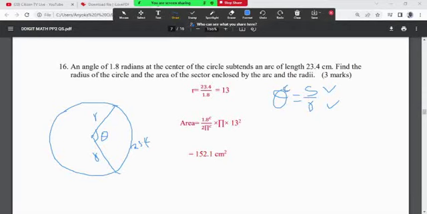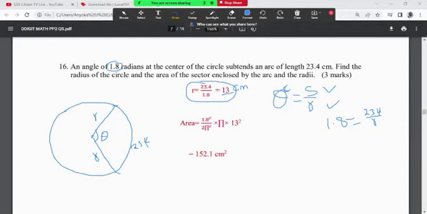Now we have angle in radians which is 1.8. So we'll say 1.8 is equal to arc length of 23.4 over radius. So if you cross multiply, radius would be equal to 23.4 over 1.8, which is equal to 13. So the radius is 13 centimeters.